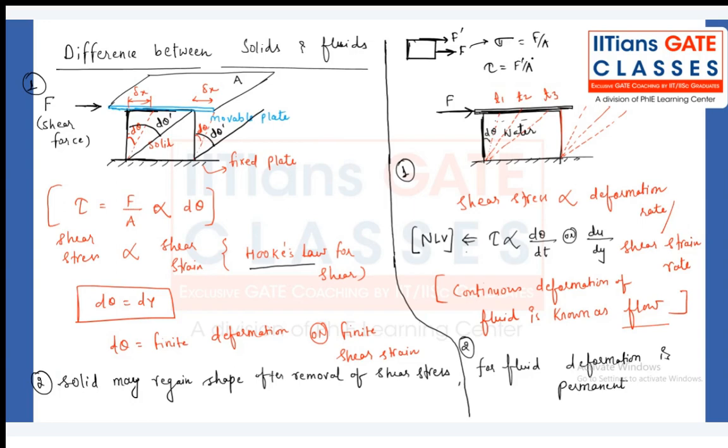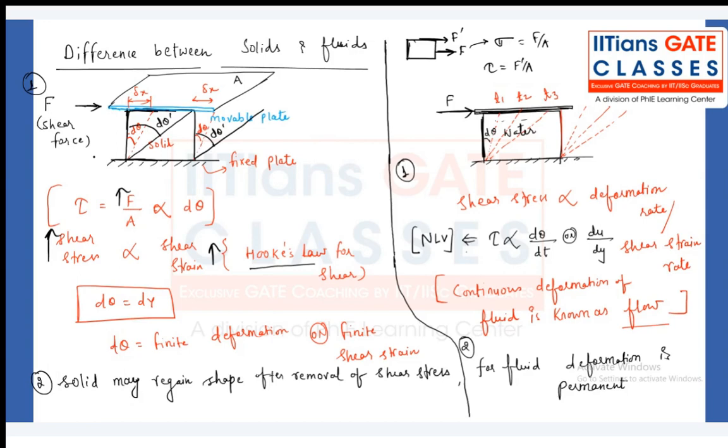Just look at the formula of Hooke's law for shear. If you want more shear strain, shear stress has to be more, so shear force needs to be more, because area cannot increase. We are not doing any kind of magic where you can reduce the area. Area is fixed. The plate area is fixed. You have to increase the shear force.